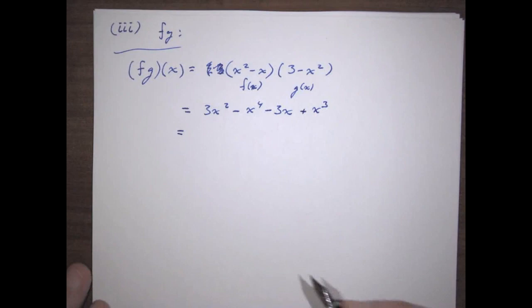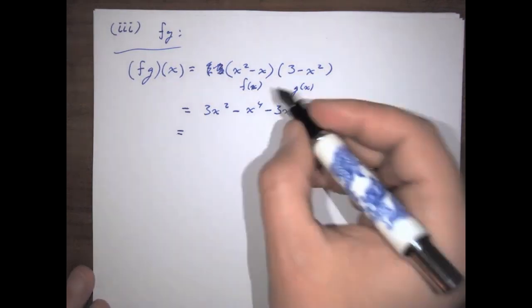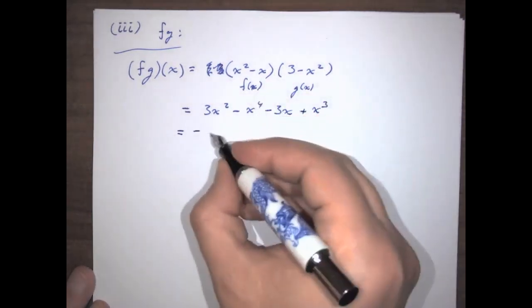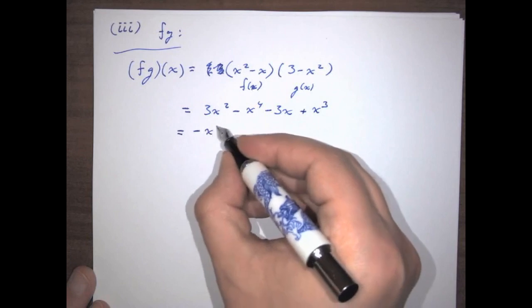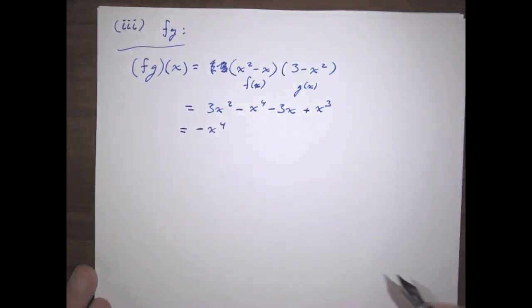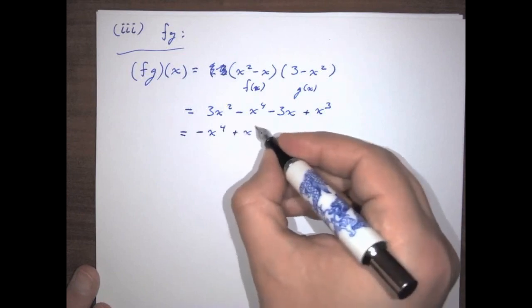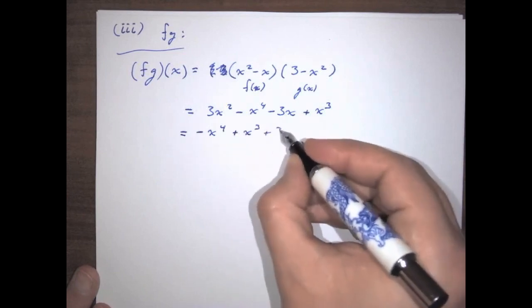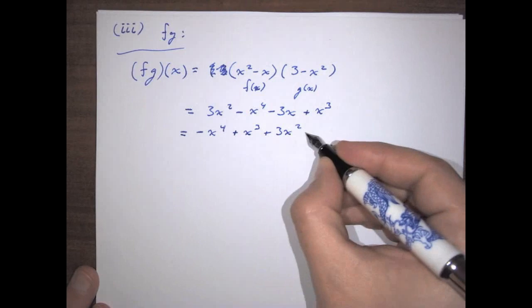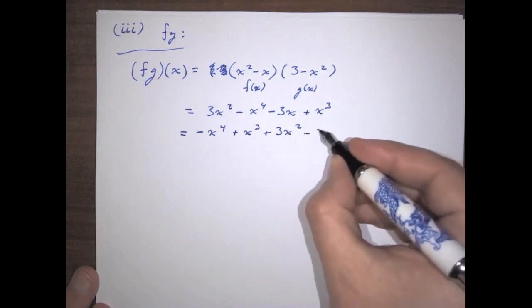And if we write this now, so there are no like terms to combine, but if we write it from highest power to lowest, which is the usual standard when there are so many terms, we'll have negative x to the fourth plus x to the third plus 3x squared minus 3x.